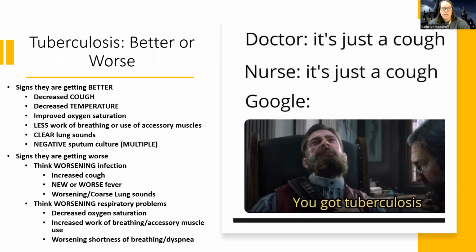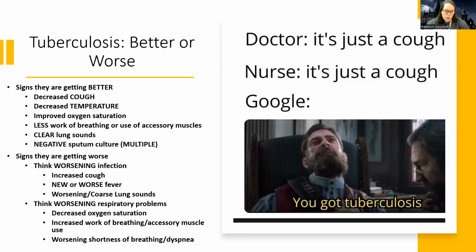With tuberculosis, the signs that they're getting better or worse all have to do with infection and breathing. If they're getting better, they're going to have signs that their breathing is better, less difficulty, and infection-wise, less of a temperature and multiple negative sputum cultures.